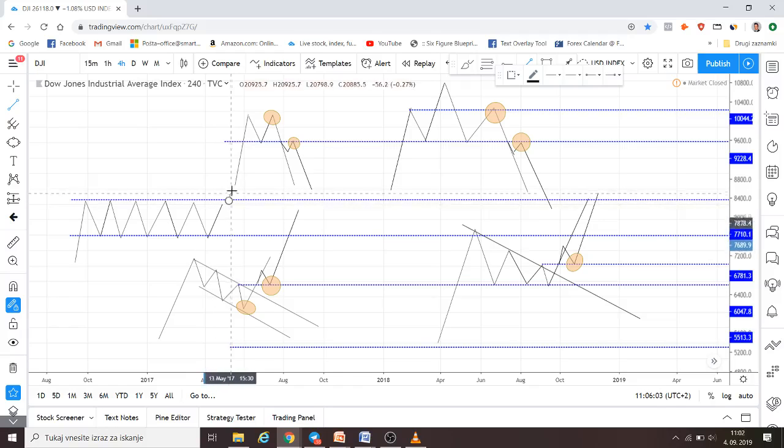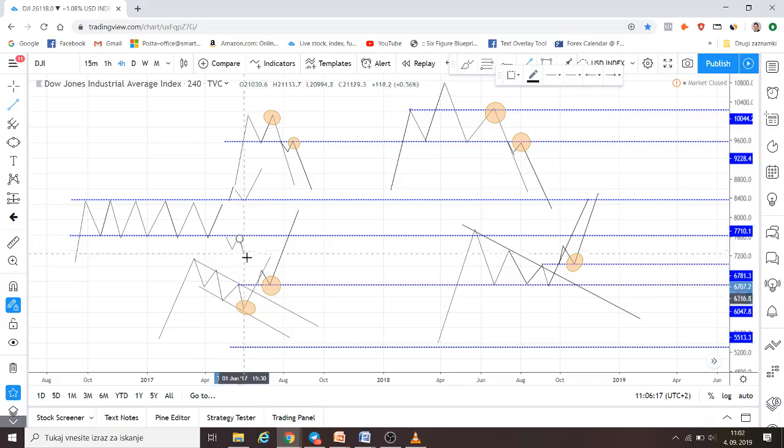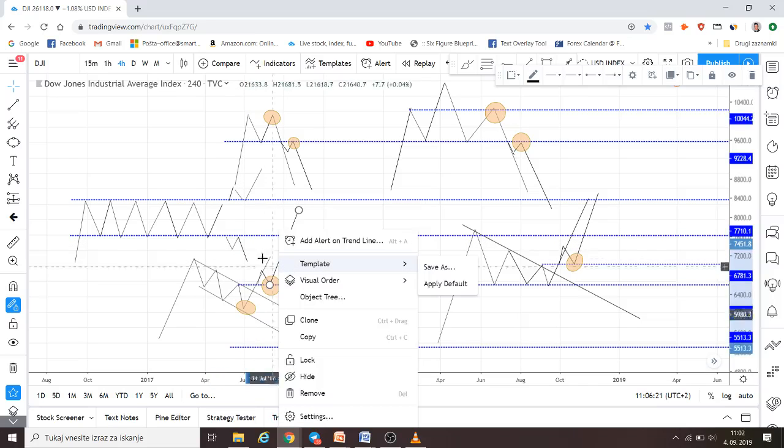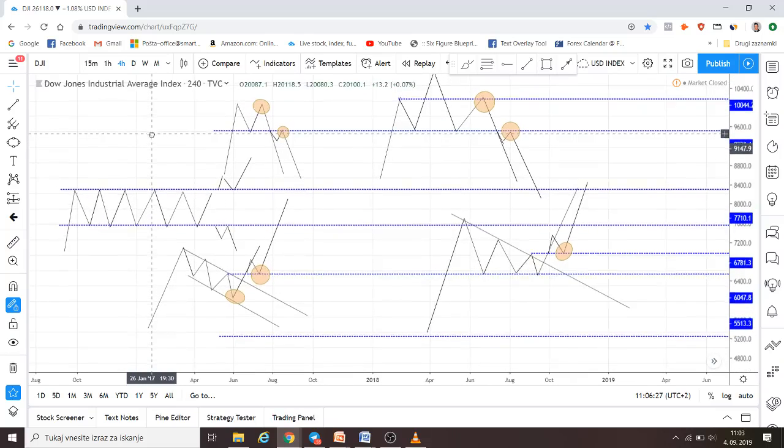We're waiting either for a break above. This is very important. Listen, break above and retest, or break below and a retest.